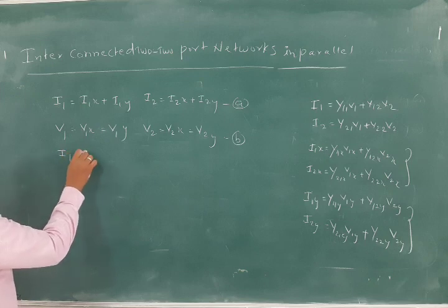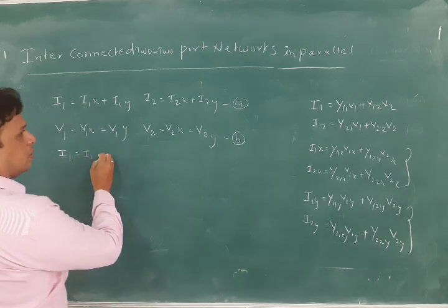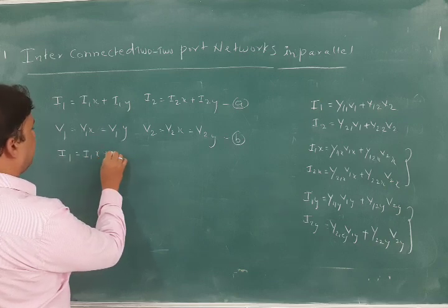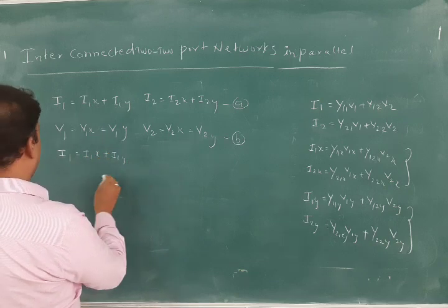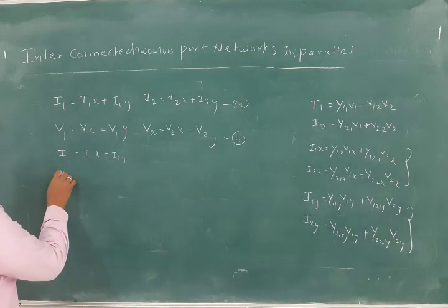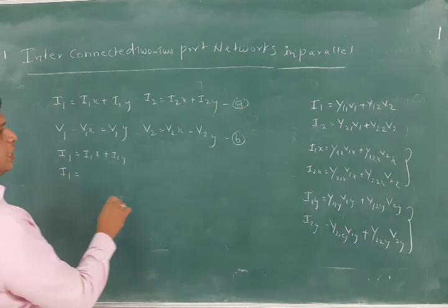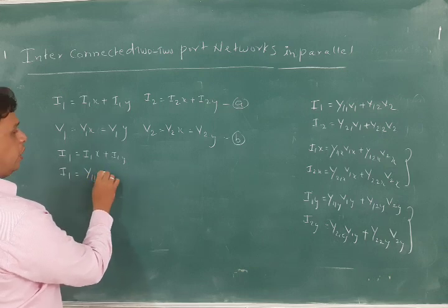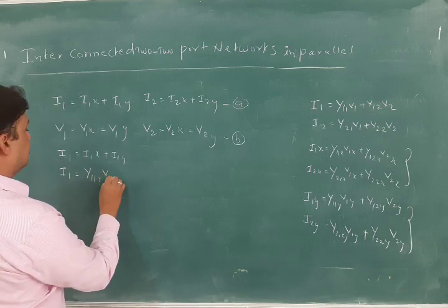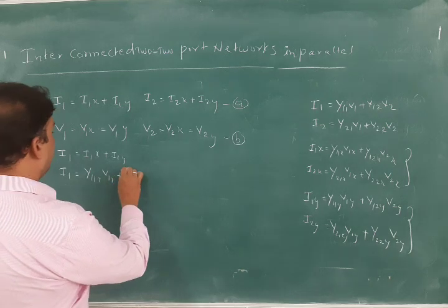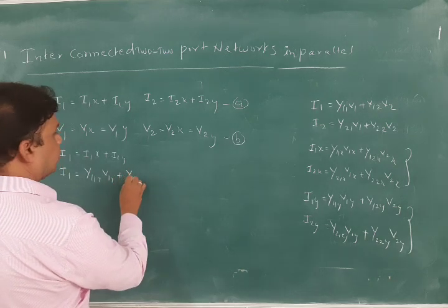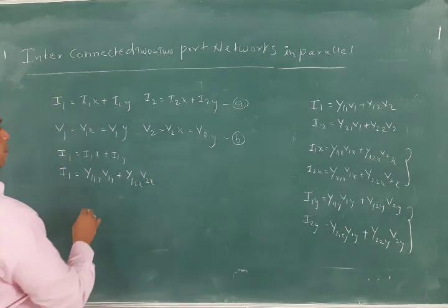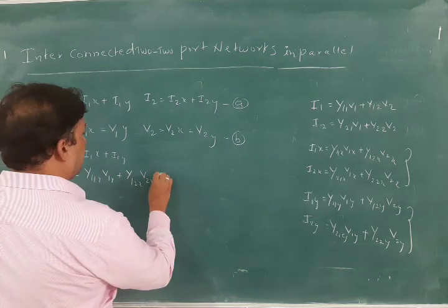I1 is equal to I1x plus I1y. So, I1 is equal to, what is I1 of x? Y11x into V1x plus Y12x into V2x, plus I1y.